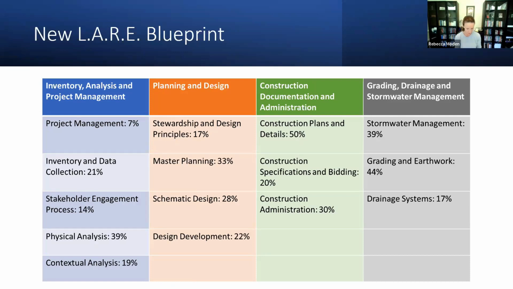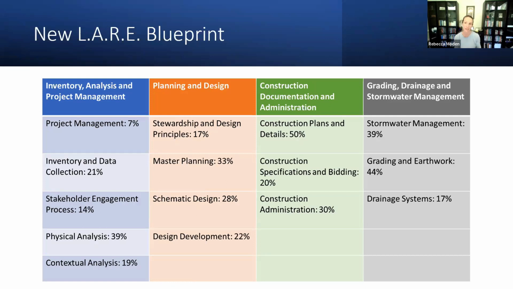As far as number of questions, inventory analysis and project management will have 100 total questions. Planning and design, the orange section, will have 95 questions total. Construction, documentation, and administration, our green one, will have 100 questions total. And grading, drainage, and stormwater management, that gray one, will have 80 total questions.